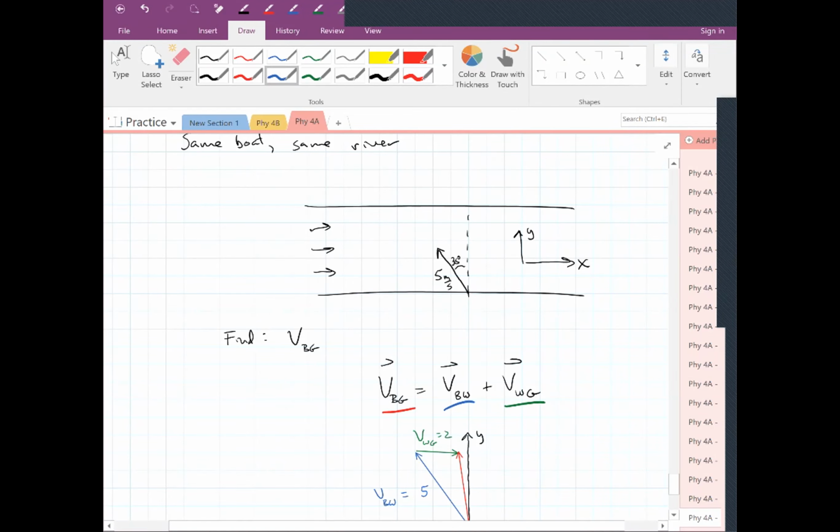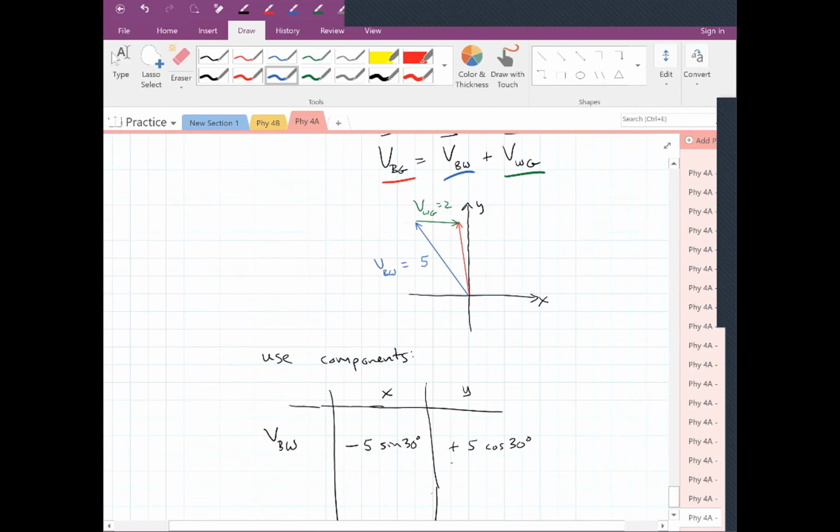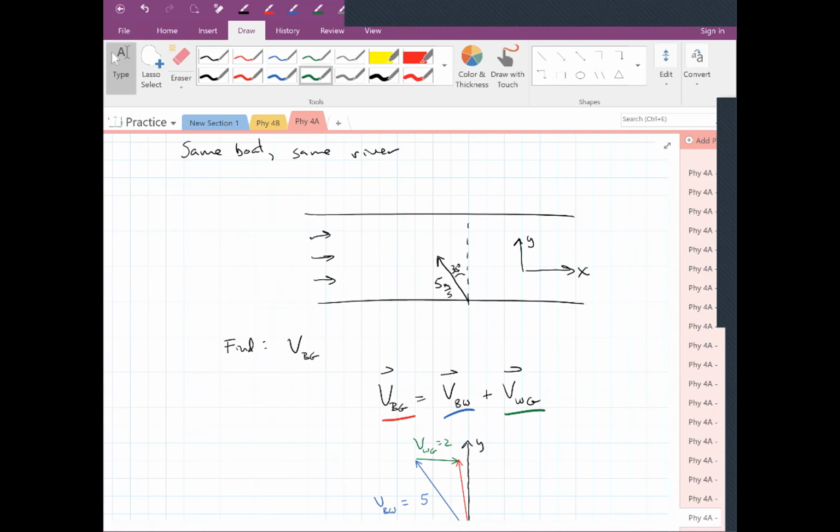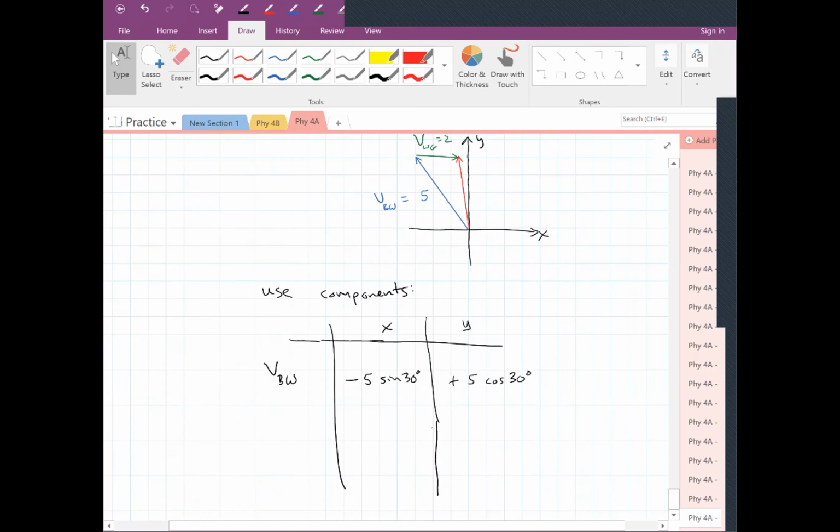So in this direction, which is my y direction, it's moving 5 cosine 30 in the positive direction. And in the other direction, it's moving 5 sine 30, and that would be the negative, right? My positive direction is to the right. That would be my negative x direction. So negative 5 sine 30. We okay with that one?